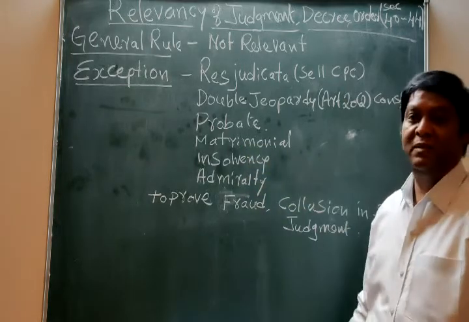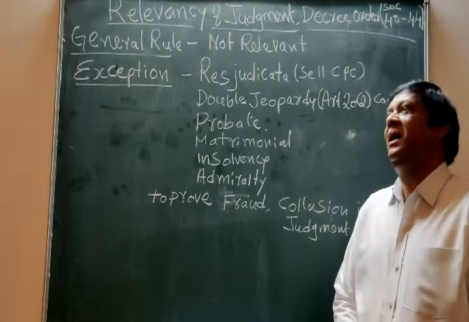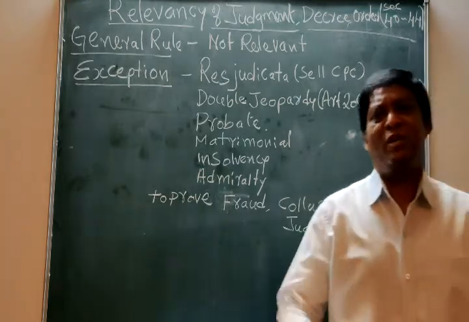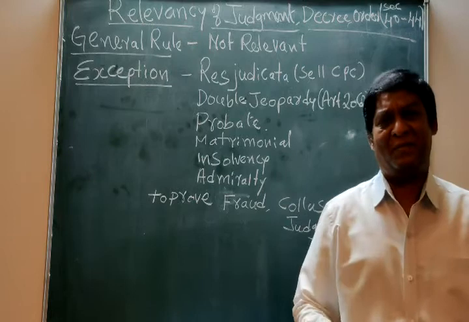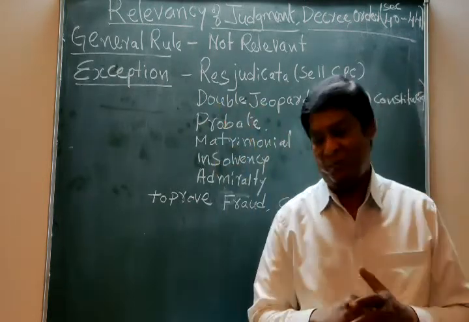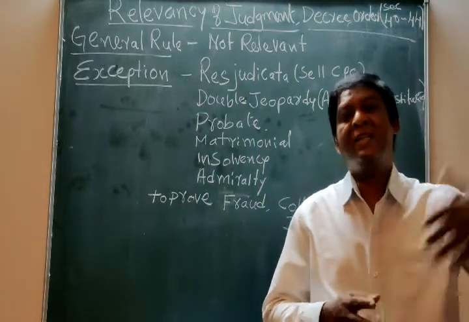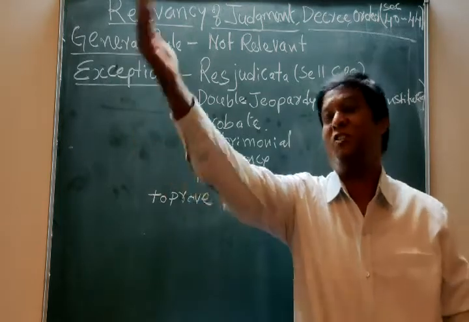We'll go to another, matrimonial judgments. Let us take an illustration here. Matrimony means marriages, divorce. Okay. Consider a husband and wife. Husband is also earning, wife is also earning.